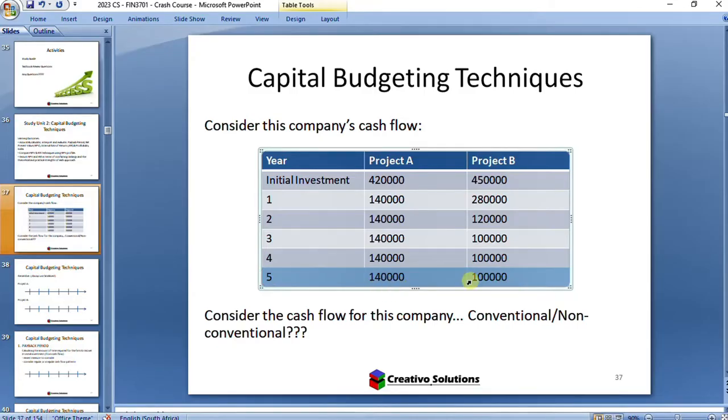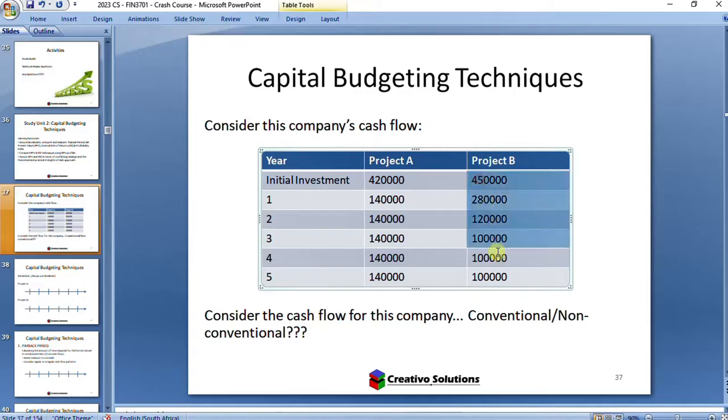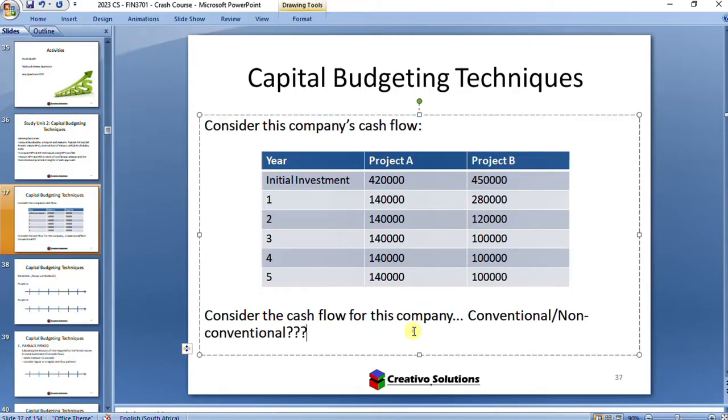Okay, they would be combined. So if I'm looking at this project, conventional, non-conventional, it's conventional, right? There's no outlays. Even if there's an outlay, you can put that in as a negative on your calculator. Okay, what function are we using? We're using the cash flow function on the financial calculator.